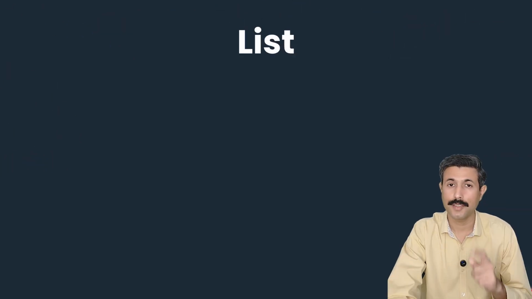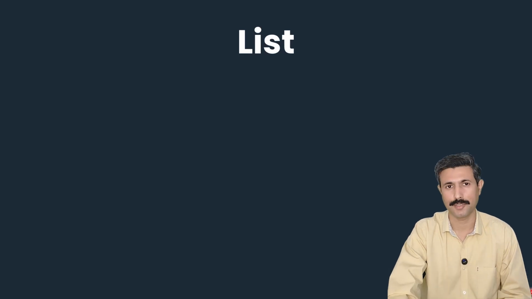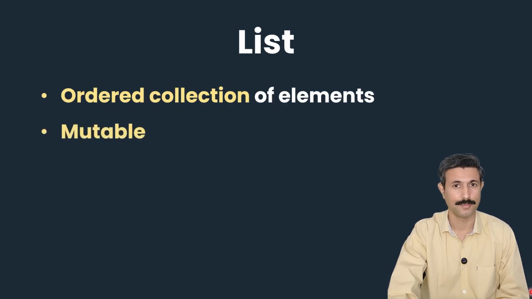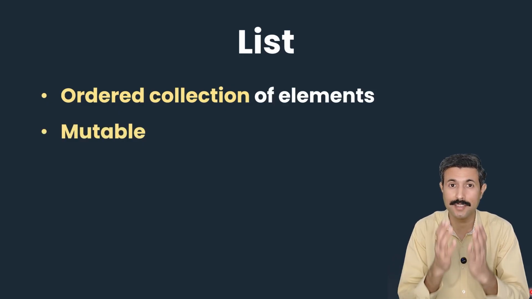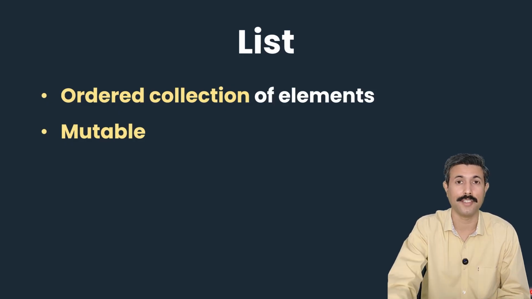From these, the first is list, which is the most flexible sequence. A list is basically an ordered collection of elements, and it is mutable too. Mutable means you can change its value after creation. Once you create a list, after creation you can change its value.